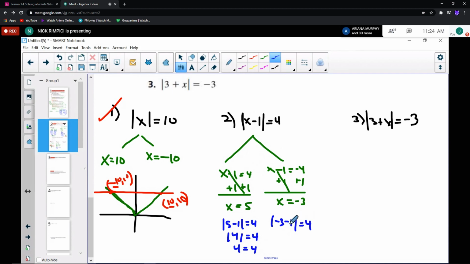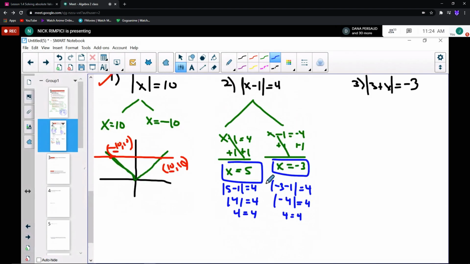Negative 3 minus 1 is negative 4. You might think, wait, it doesn't look the same. Well, actually it is, because the absolute value of negative 4 is positive 4, and that makes the statement true as well. So his answers of 5 and negative 3 are both valid. If you did it algebraically, and this is right, he did all the work, this is a full credit response.